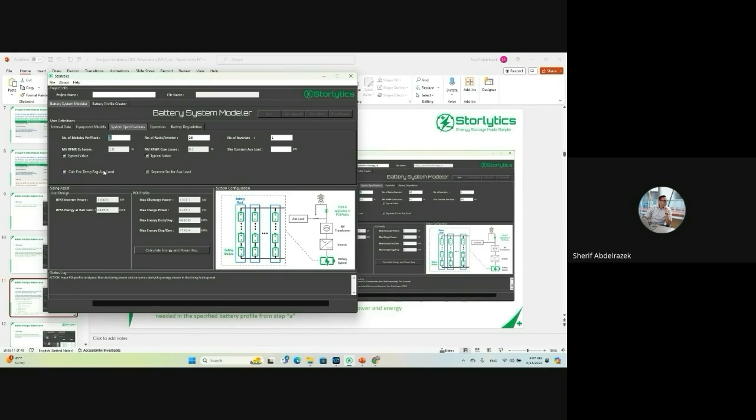It varies based on ambient temperature and on your usage profile. The higher the C rate, the more heat the cells exert, the more cooling you need. So there's a very sophisticated model in the background converting real-time C rate in the simulation and ambient temperature to real-time auxiliary load consumption, and that's separate from the constant load.